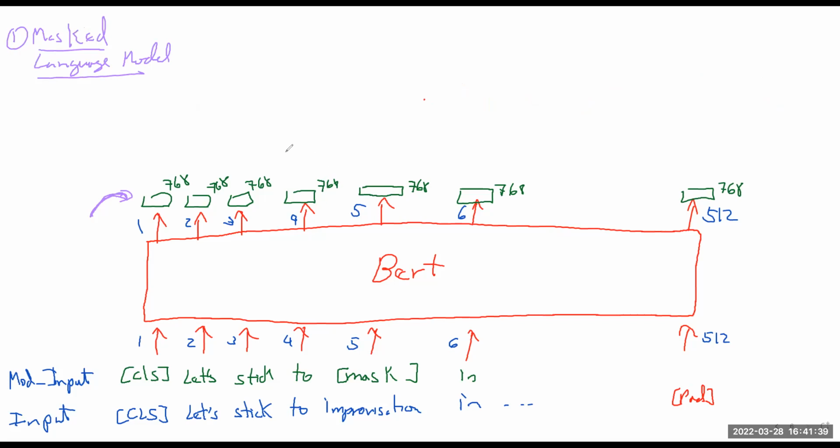What I want is for it to predict that word. So that means I'm going to run it through another layer, which is going to be a fully connected feed-forward neural net and softmax.